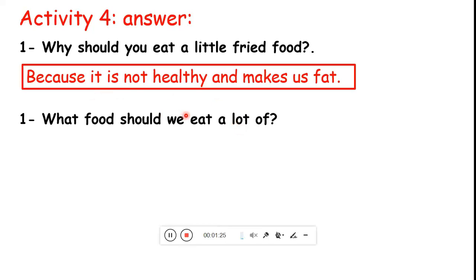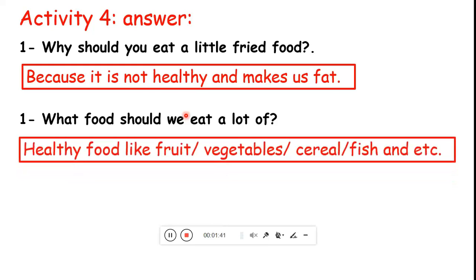Should we eat a lot of sweets? Should we have a lot of fizzy drinks? Should we eat a lot of burgers? What do you think? What food should we eat a lot of? 1 2 3. Your answer should be healthy food like fruit, vegetables, cereal, fish and so on. Meat, rice, cereal, vegetables, fruit. These are the healthy foods that we should eat a lot of.